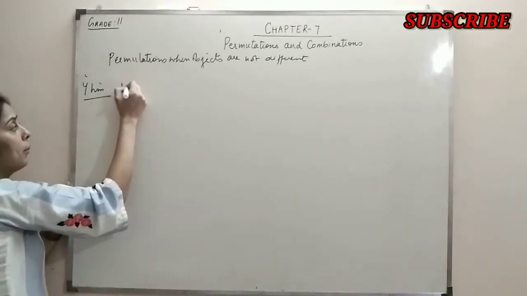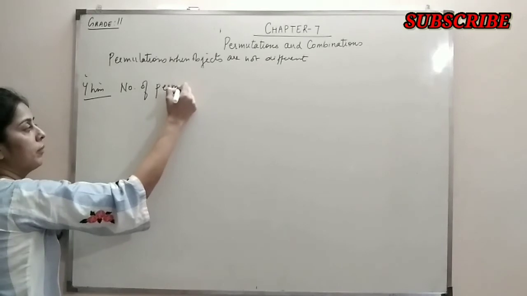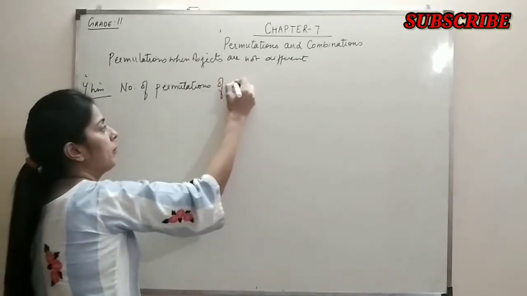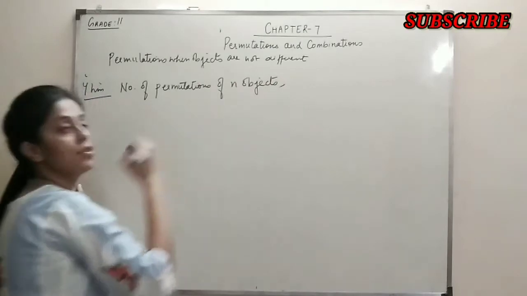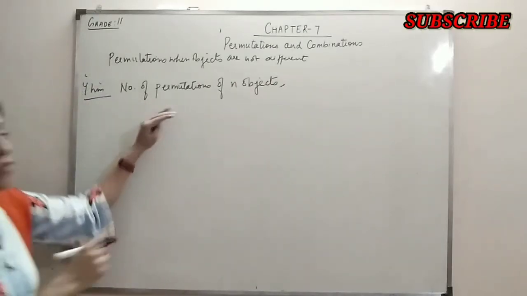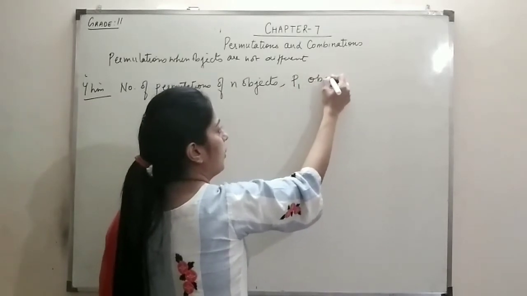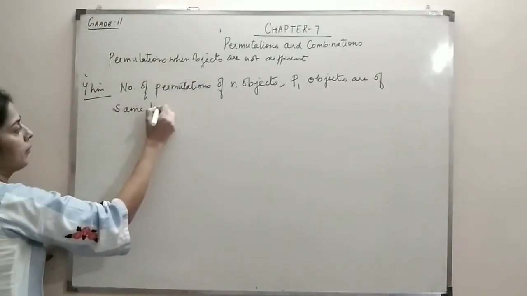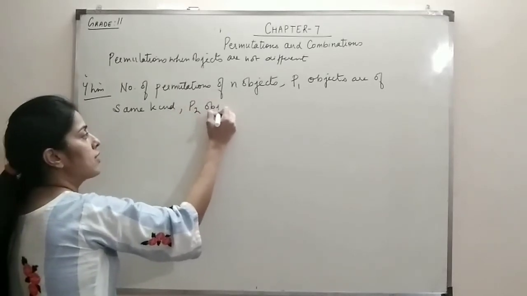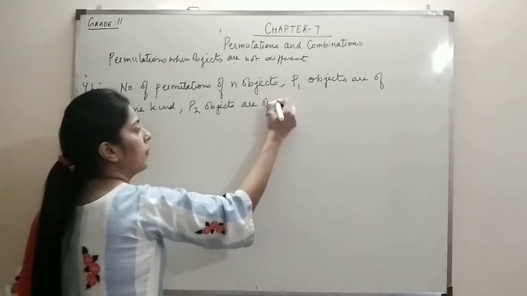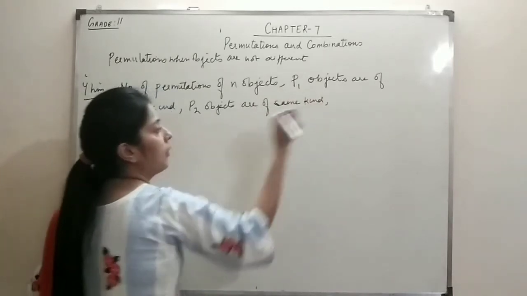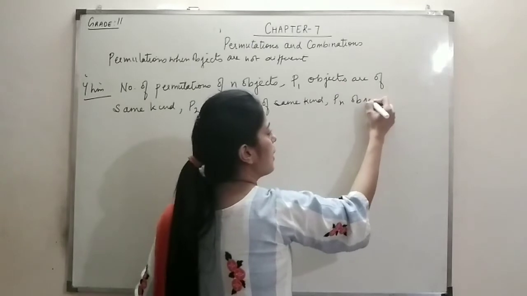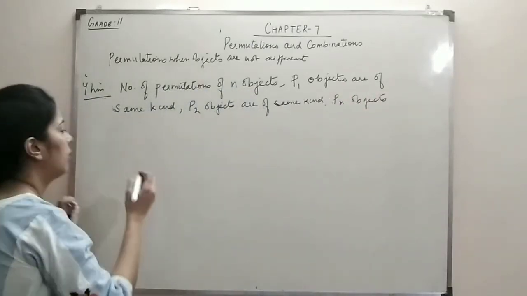The number of permutations of n objects, where the total objects are n objects, let P1 objects be of the same kind, similarly P2 objects are of the same kind, and so on, Pn objects are of the same kind.